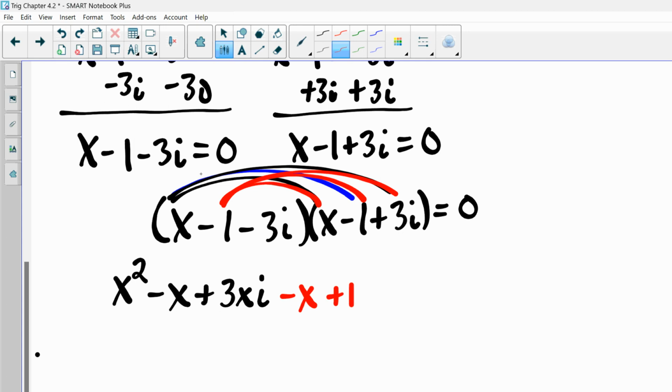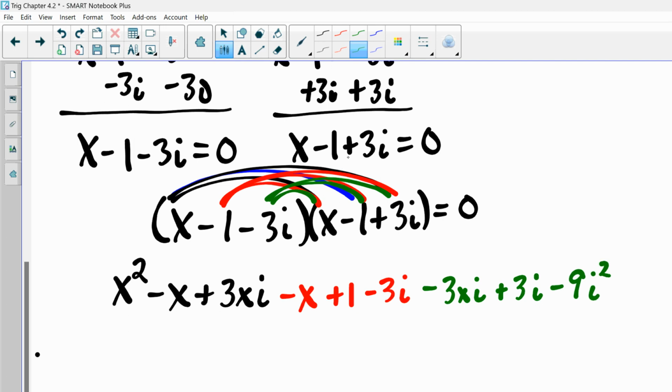And negative 1 times positive 3i is negative 3i. And lastly, we'll do the same thing with negative 3i. Negative 3i times x is negative 3xi. Negative 3i times negative 1 is positive 3i. And negative 3i times positive 3i would be negative 9i squared.